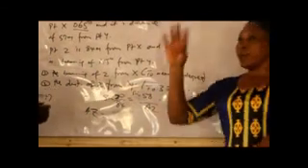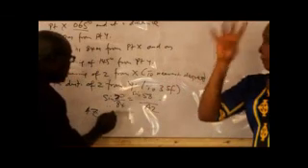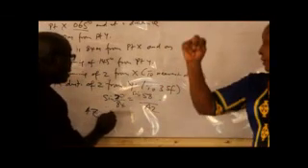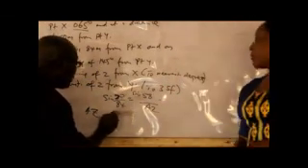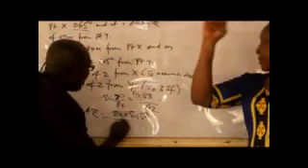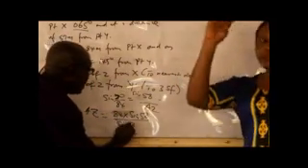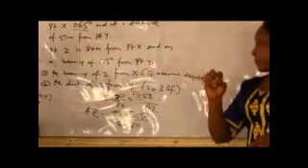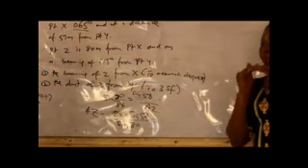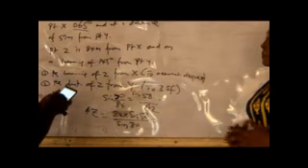I say sine 80 over 84 equals sine 58 over AZ. So AZ should be 84 multiplied by sine 58 all over sine 80. You follow it like this.